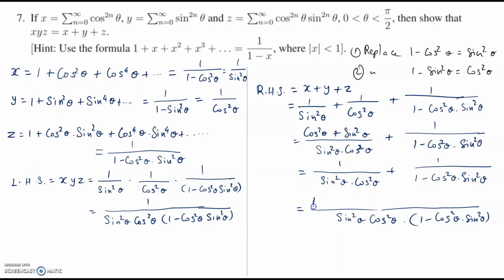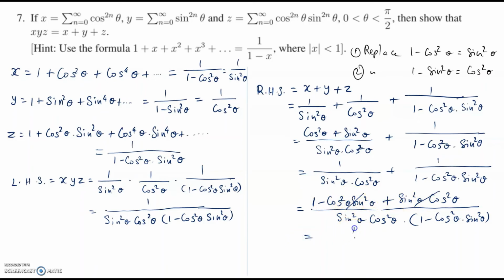So this will become (1 - cos²θ) sin²θ, and this is plus, multiplying this with this, you get sin²θ cos²θ. Now you can see that these two terms are equal, so minus and plus would get cancelled.